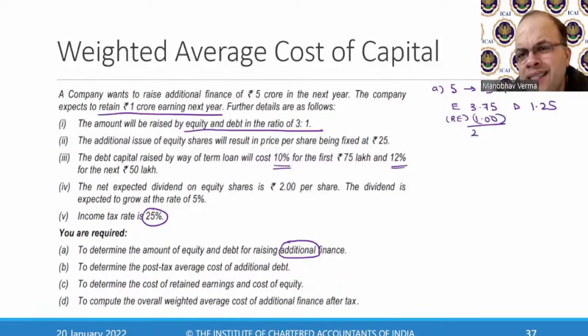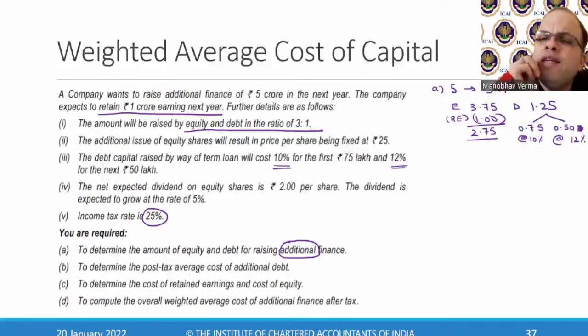That means you have to raise additional 2.75 of equity. In debt, you have further two parts, 75 lakh at 10% and the remaining 50 lakh at the rate of 12%. So I hope this is clear to everyone.